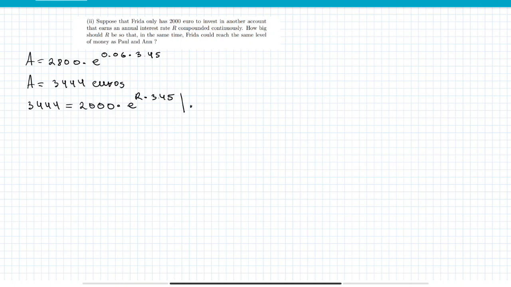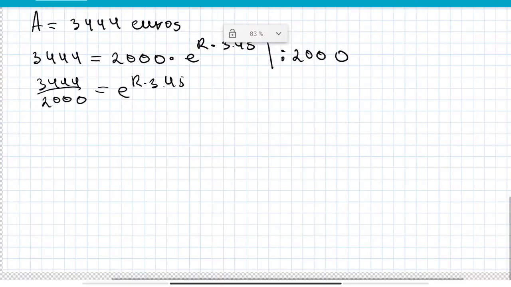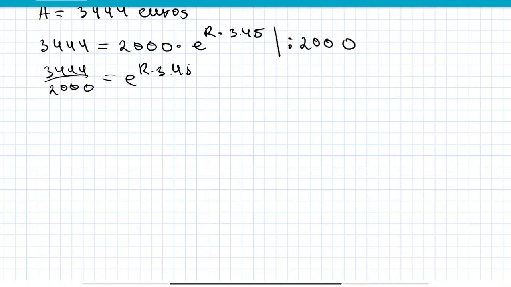Again, we divide both sides by 2,000. So it's going to be like this: equal to e to the power of R multiplied by 3.45. If we calculate these values, it's going to be around 1.722 equal to the exponential.